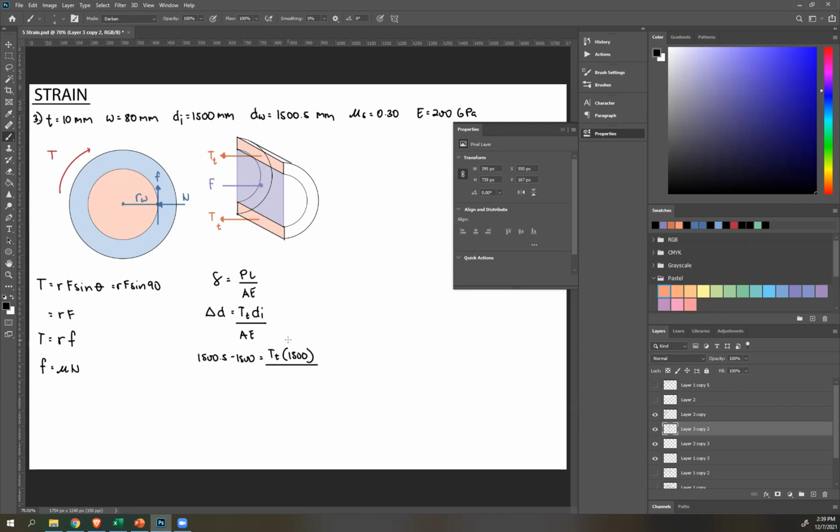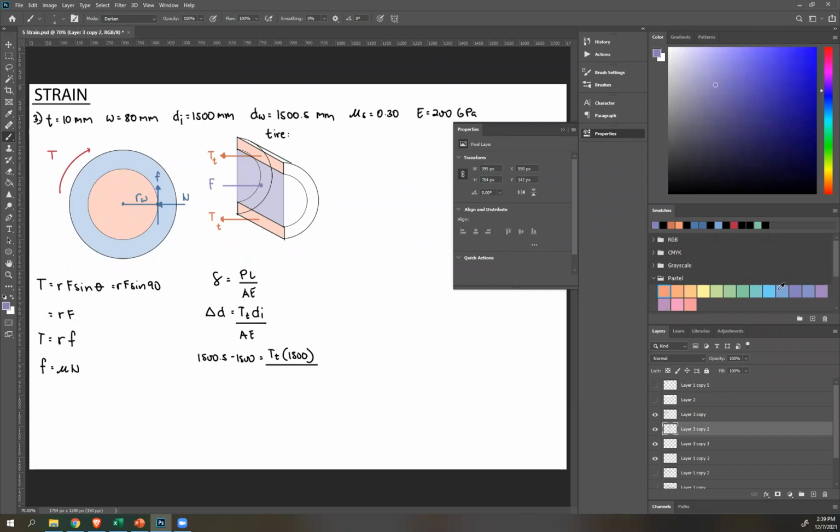Now remember from the equation, this A is the cross-sectional area normal to your force or perpendicular to your force. This is the force, this is the cross-section of your tire. Let's specify this is a tire. Can anybody give me what's the equation for the cross-sectional area of this here? What's A?